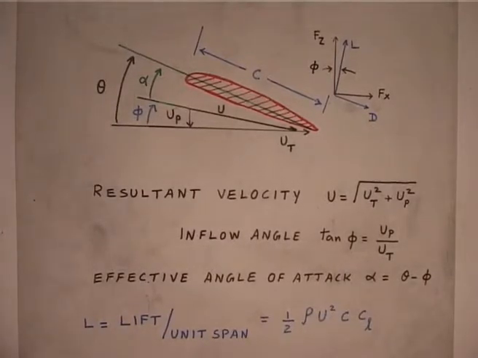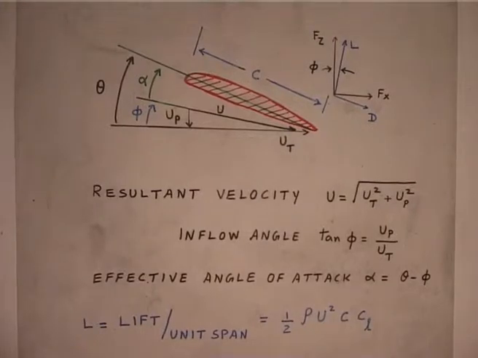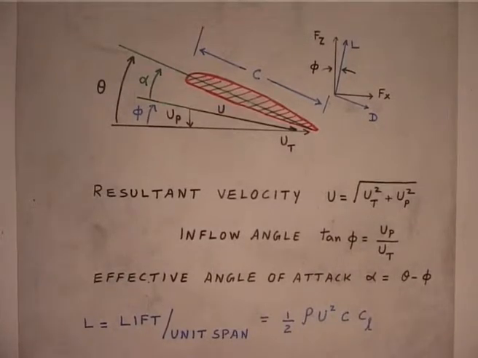So, you see the effective angle of attack, now you remember why I said the pilot input gives pitch change, it does not change the angle of attack directly, it will change indirectly.